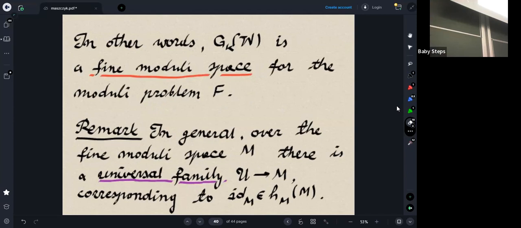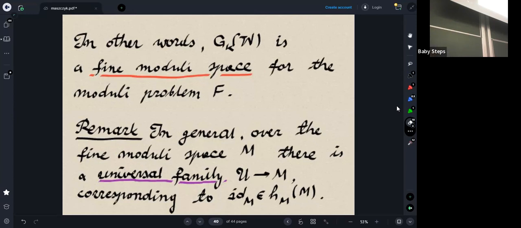Let me remark that in general, over the fine moduli space, there is always something called a universal family. If you have this functor F defining the moduli problem, of isoclasses of families, then there is also a distinguished element of the values of the functor Hm applied to this representing object M itself, which is the identity.